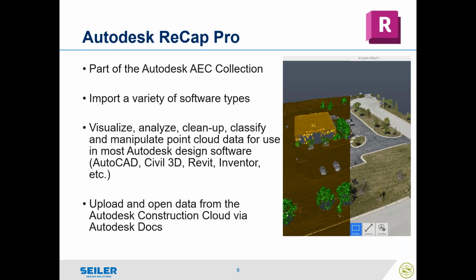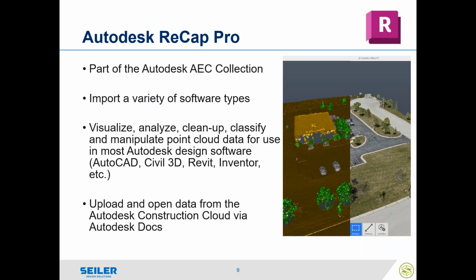Once that's complete, it will revert back to the free version, so you'll lose some of the functionality. But for the most part, you can test it out. If you're already subscribed to the AEC collection, it's just there. Go to your manage.autodesk.com website, wherever you manage and download your software. You'll see it there in the list, and you'll be able to install that.